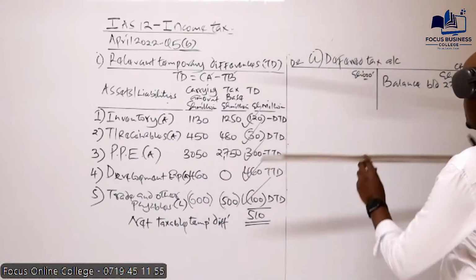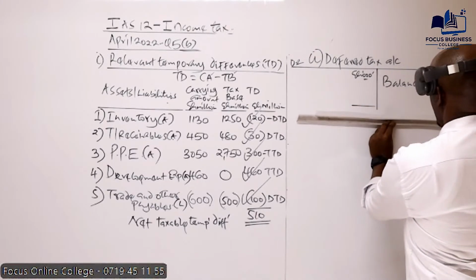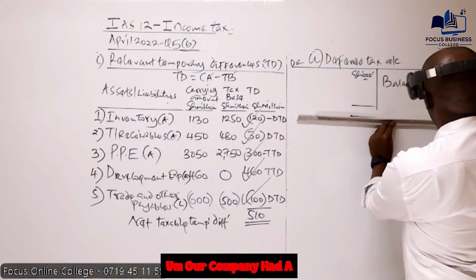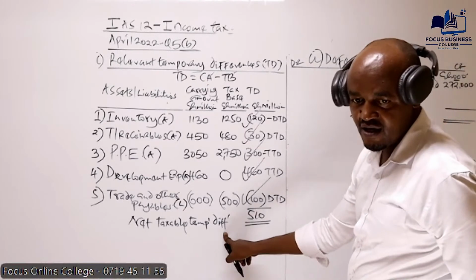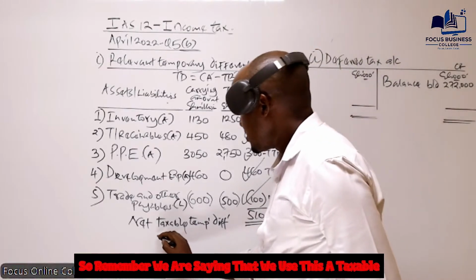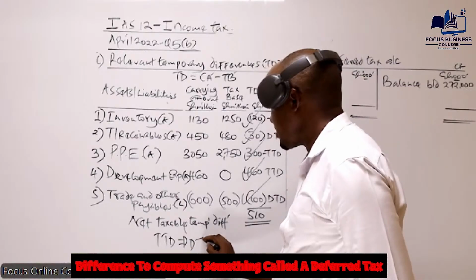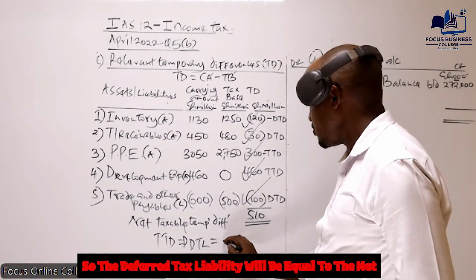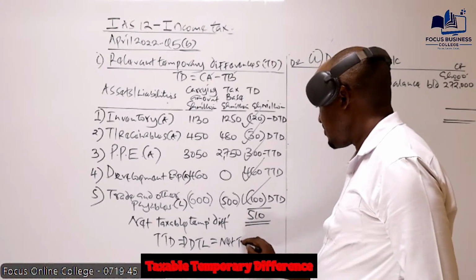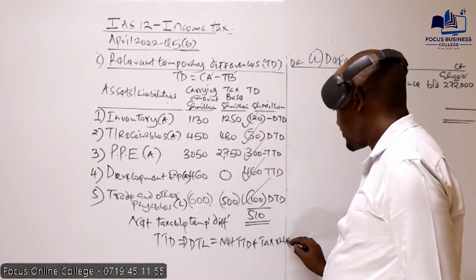Then, at the end of this year, recall from what you have done in Roman 1, our company had a net taxable temporary difference. We use this taxable temporary difference to compute a deferred tax liability. So the deferred tax liability will be equal to the net taxable temporary difference multiplied by the tax rate.